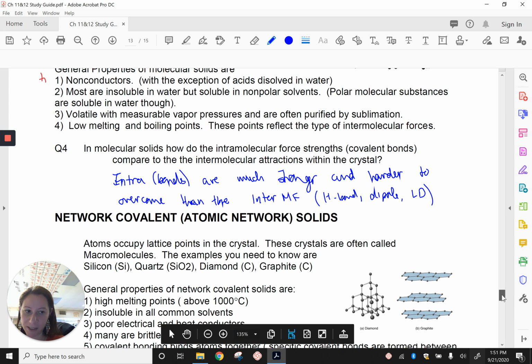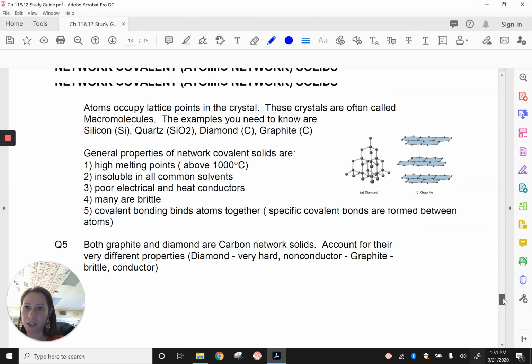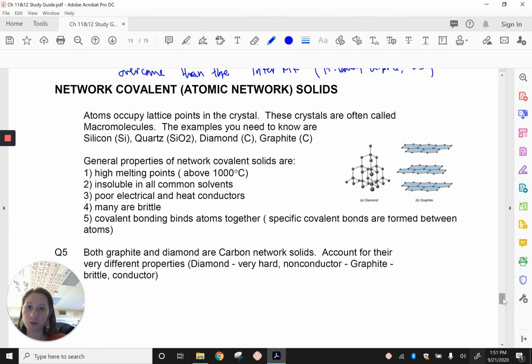And then the last type, which is kind of new this year, is network covalent substances, also known as atomic network, depending on what type of substance you're talking about. There are only a few network solids, and the examples that you need to know about are silicon, quartz, which is SiO2, diamonds, and graphite, which diamonds and graphite are both just carbon.